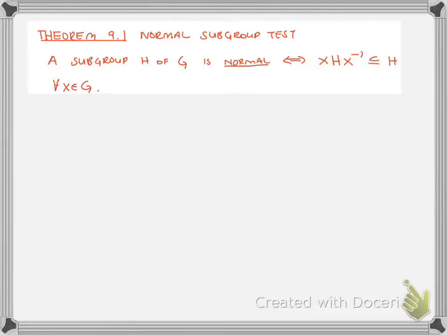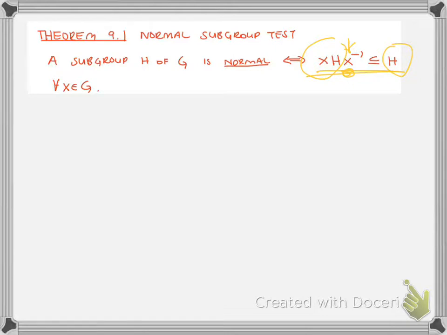Okay, so the normal subgroup test. You can use, of course, the definition in regards to showing that a subgroup is normal, but we also have this theorem that says a subgroup H of G is normal if and only if xHx^-1 is a subset of H. You can sort of see what's going on here, because if you multiplied by x on the right on both sides, you'll have that xH is a subset of Hx, right?